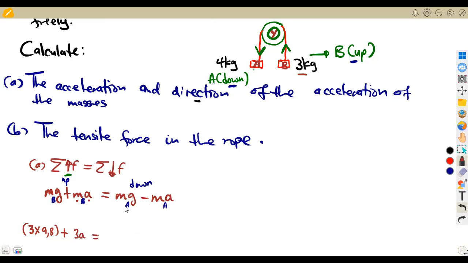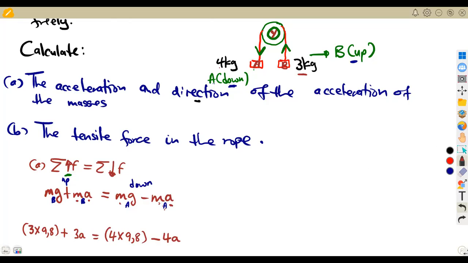This is equal to Mg again, but this one is the mass of object A, which is 4 times the gravitational acceleration of 9,8, minus Ma again, for object A, which is 4 times the acceleration A.